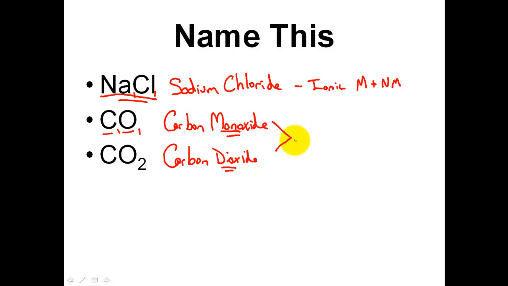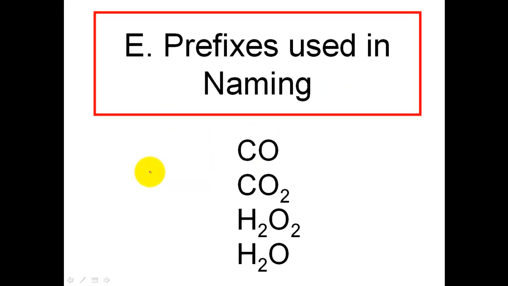Covalent compounds, like these compounds, are all composed of nonmetals. Both elements are nonmetals. And we're going to need to use dis and tris and monos in order to name them correctly. A good example of the reason why: traditionally, if you're naming this with ionic naming rules, this would be C1O1, carbon oxide.